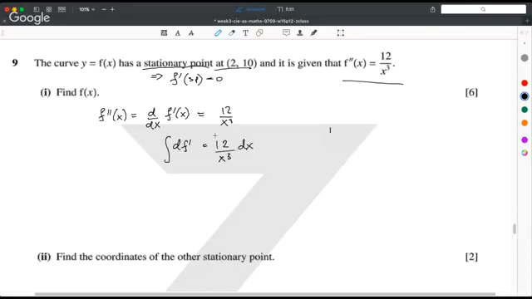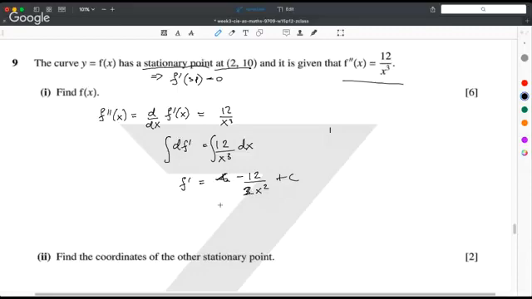I'm going to integrate this. We get that f prime is equal to minus 12 over 3, over 2 x squared plus c. And you see that, it's because if I differentiate this thing, I'm going to get a minus 2 coming out, so I need to account for that.